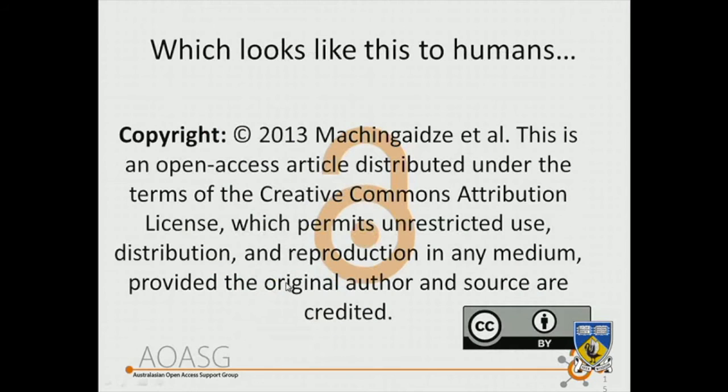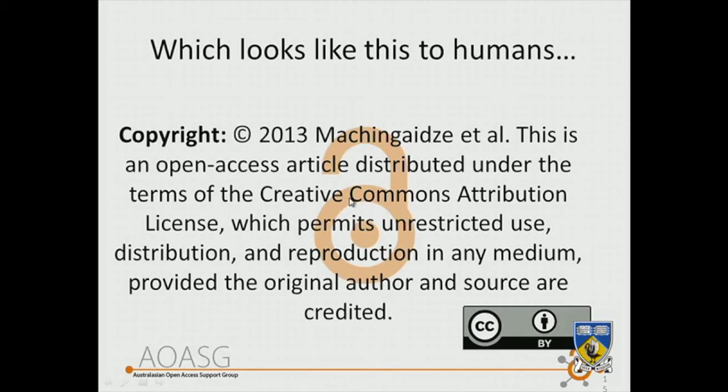But when you do have a license and you want to read it as a human, this is what it looks like. This is just from a PLOS article. And the beauty of it is it's completely clear. If you read this, you know exactly what you can do with it. You know who's got the copyright, which is the author. It's not the publisher. And it tells you what you have to do if you want to reuse it.